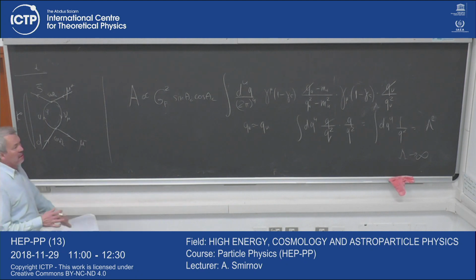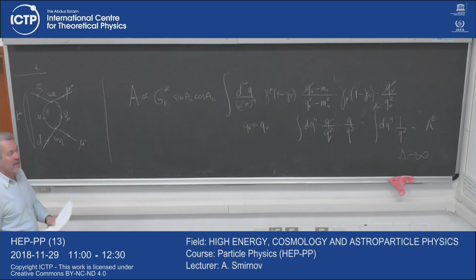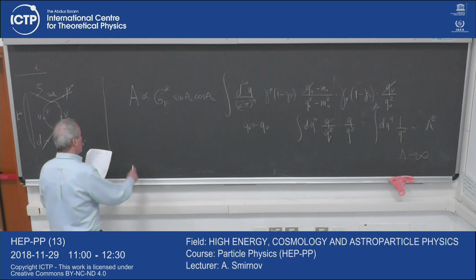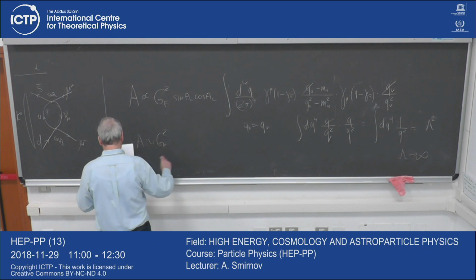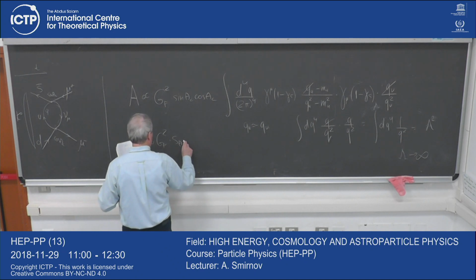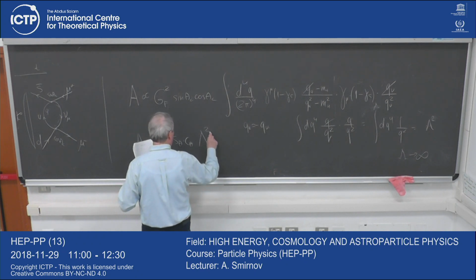One way to make an estimation is really to introduce this cutoff of the integration. And if you introduce this, then the amplitude will be proportional to G Fermi squared multiplied by cosine theta, and lambda squared.